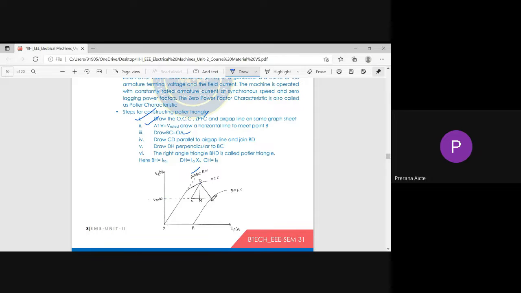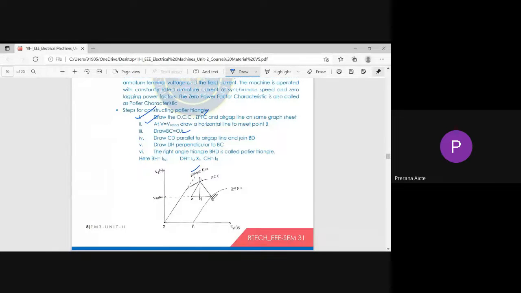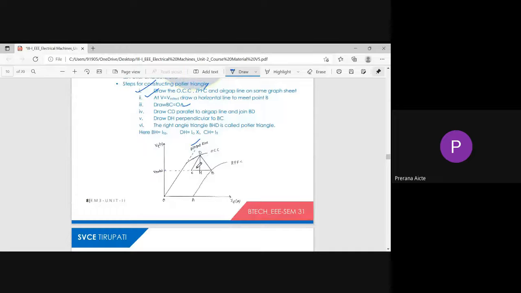Then join BD. DHB is the Potier triangle.